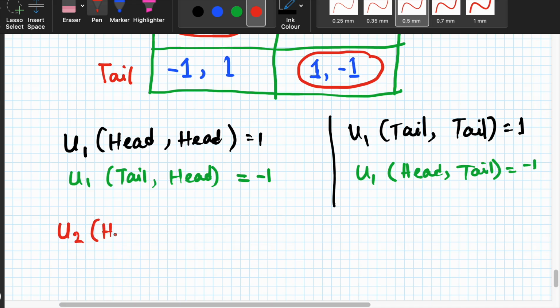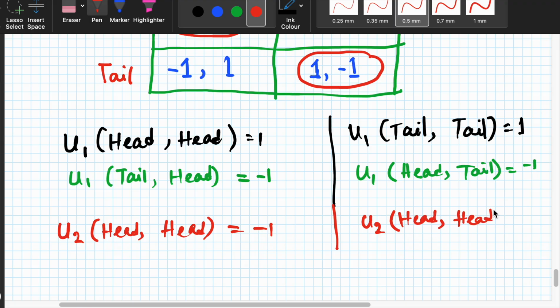u2, head: in this situation she will get minus 1. Here also u2, head, she is getting minus 1. Now does player 2 have any incentive to change her strategy from head to tail unilaterally?